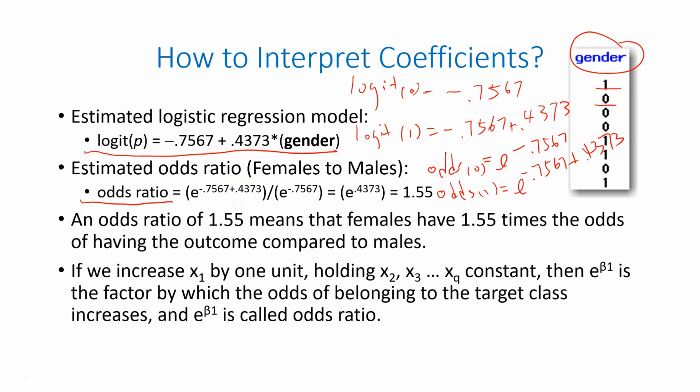Okay, now let's look at something called odds ratio, which is the ratio between the two odds that we just computed. So the ratio of the odds value we just computed would be e raised to the power of negative 0.7567 plus 0.4373 divided by e raised to the power of negative 0.7567.